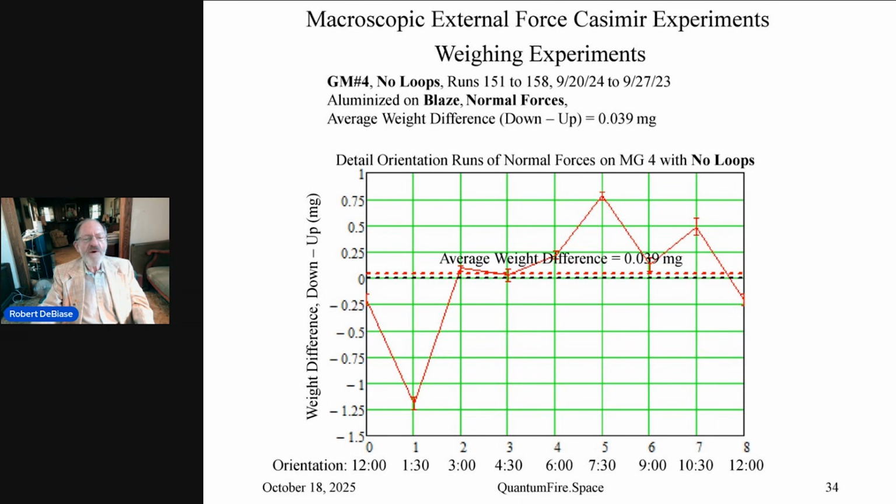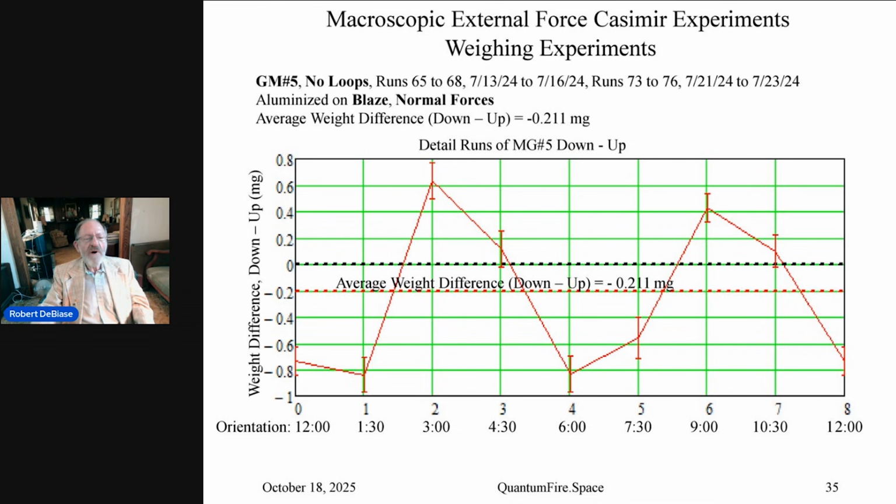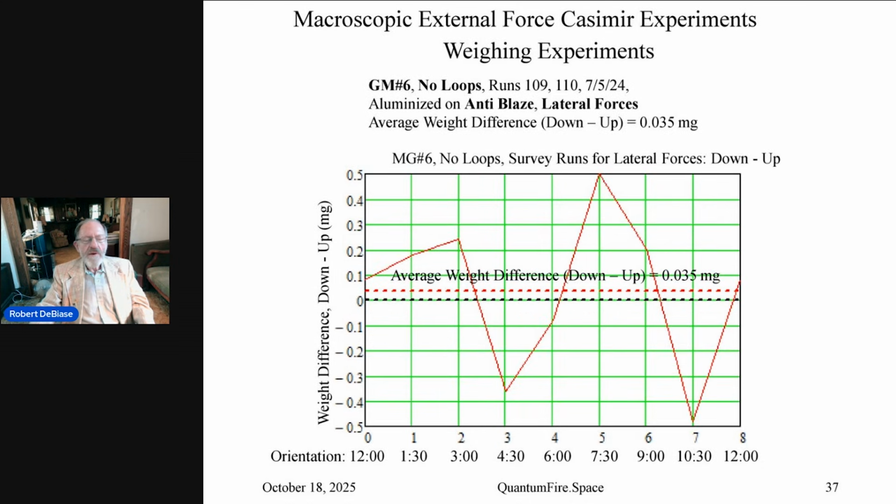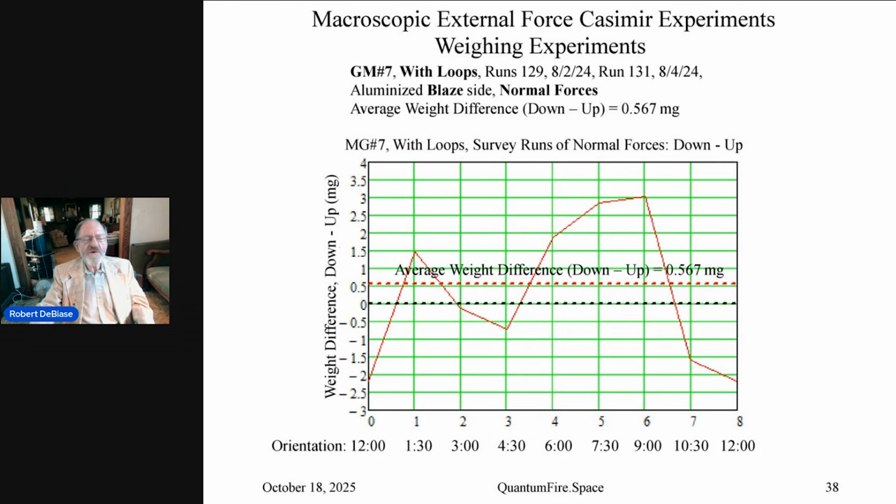There's another no loops. This here is another. This is GM number 5, GM number 6. Now this here, the average weight difference is actually negative. And this is the weight difference is positive. This is GM number 6 again.